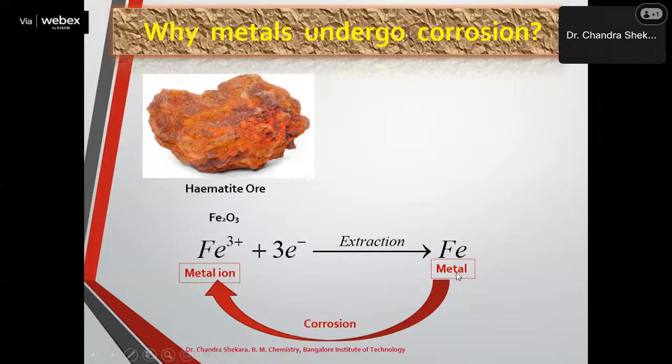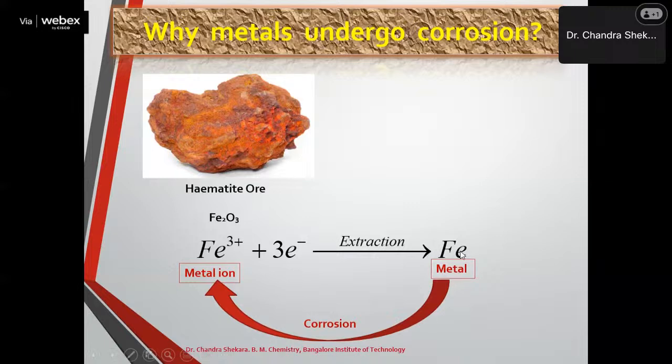Therefore, when we start using iron metal for any particular application, when it is exposed to the environment, it shows the tendency to lose that extra energy. You all know the higher energy state is always unstable. Whichever chemical species is at a higher energy state always shows the tendency to lose that extra energy, and it tries to lose that extra energy by undergoing a reaction in the reverse manner.